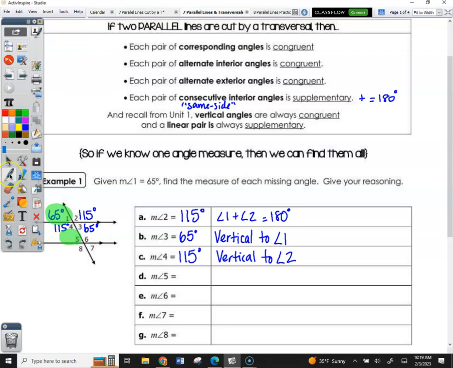And so angle 5 would have to measure 65 because corresponding angles are congruent. So now I've bumped down to these 4. Angle 5 is 65. It was corresponding, I'm going to abbreviate, with angle 1.